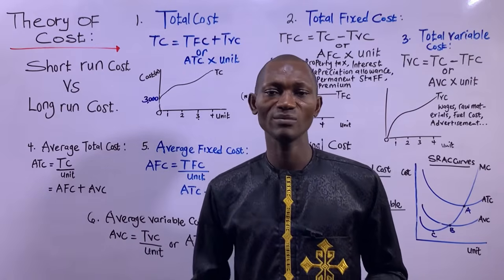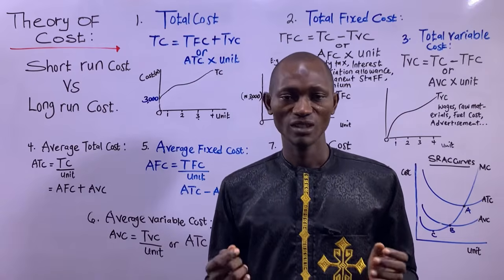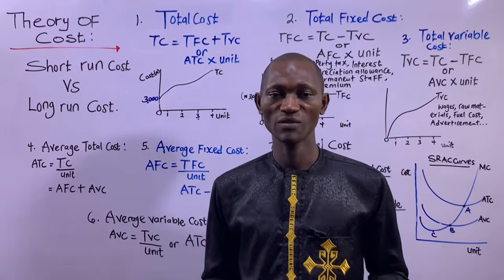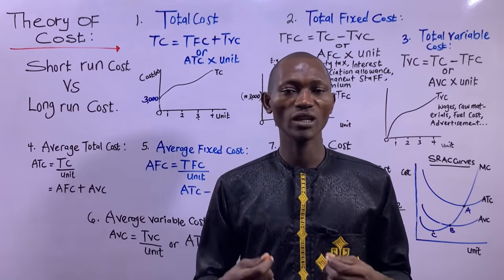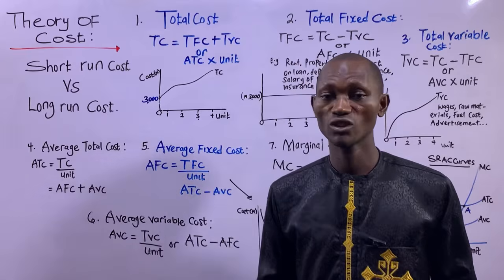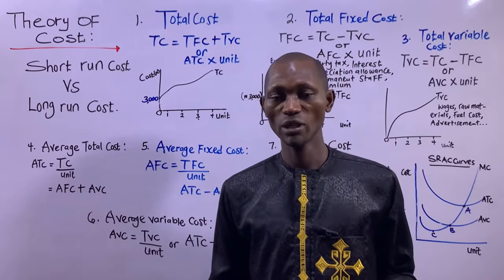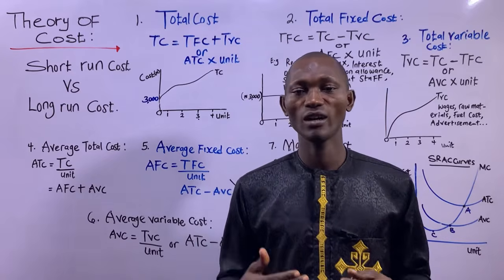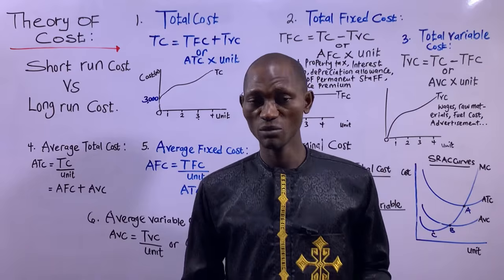So basically, for a firm to determine the cost it incurs in the production of goods or services, such a firm will have to add all the costs that were incurred on the factors of production or on the resources that were employed into production. So basically, for a firm to produce, you need a service of labor, labor services.